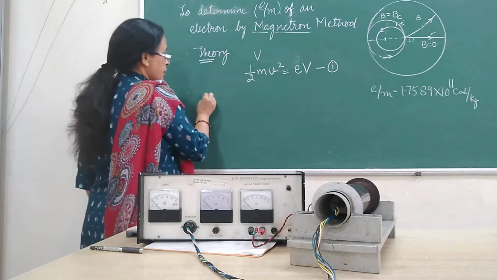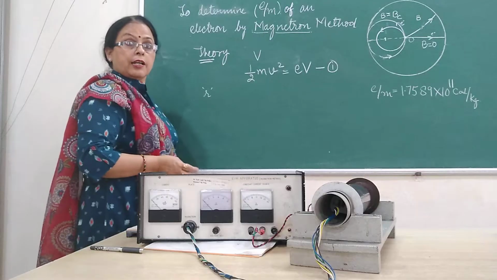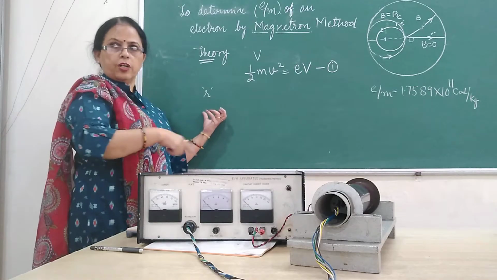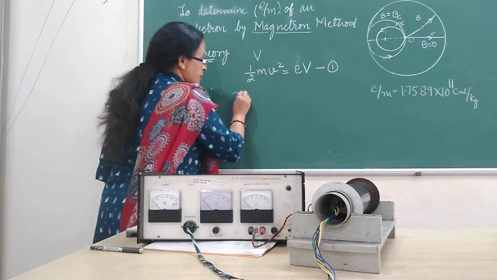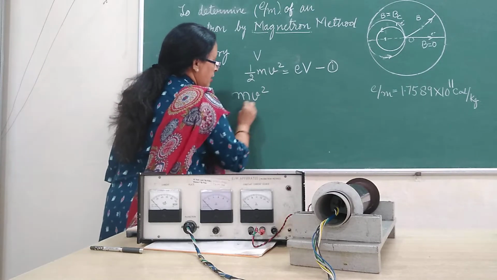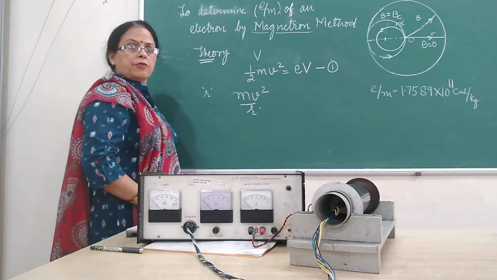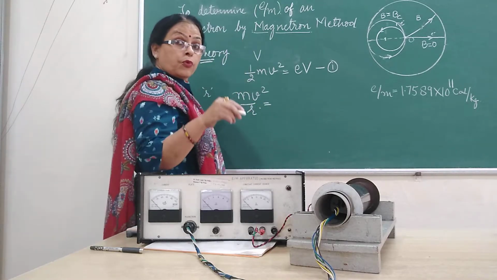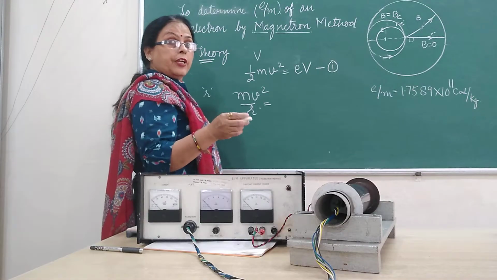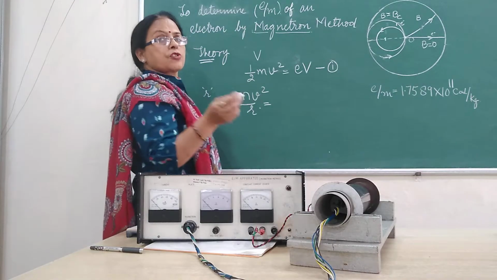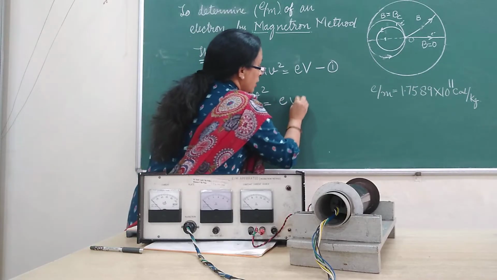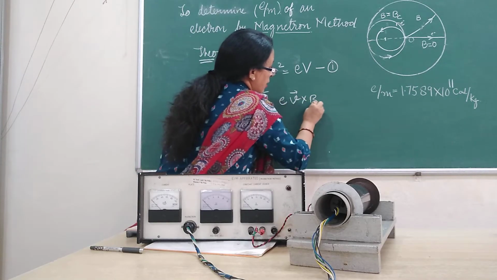The centripetal force required to move in this radius r should be provided by the force applied by the magnetic field on the moving electron, which is also known as the Lorentz force, and its value is e v cross B.